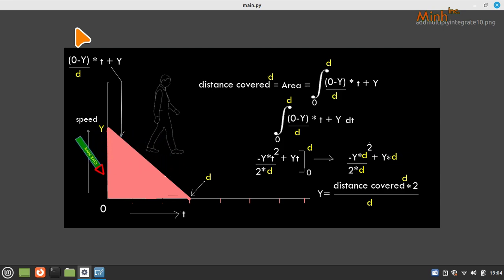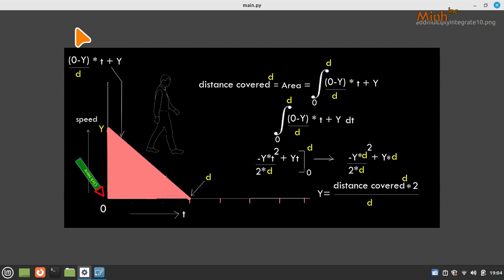If that is the case, at what speed did he start, if he has to cover a distance? This person knows that he has to travel 5 kilometers, and he has to reach in 2 hours.